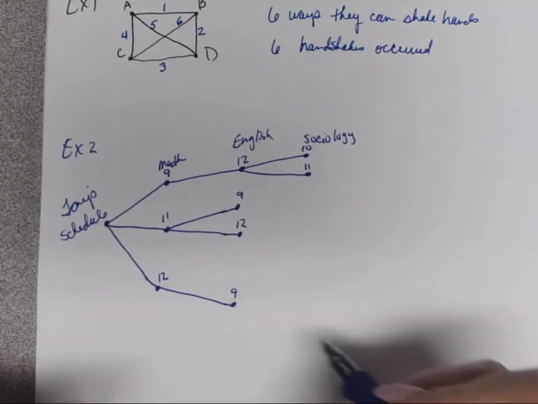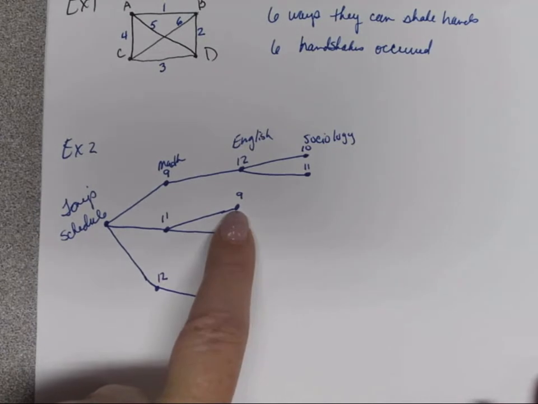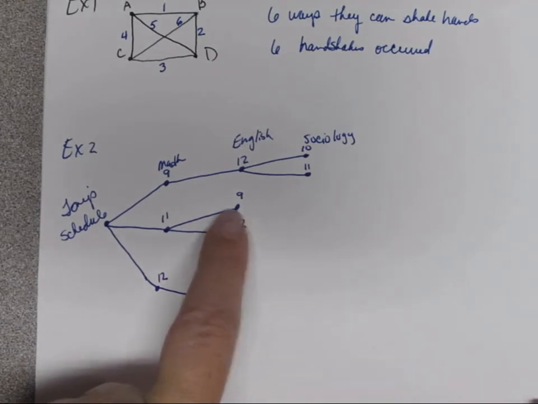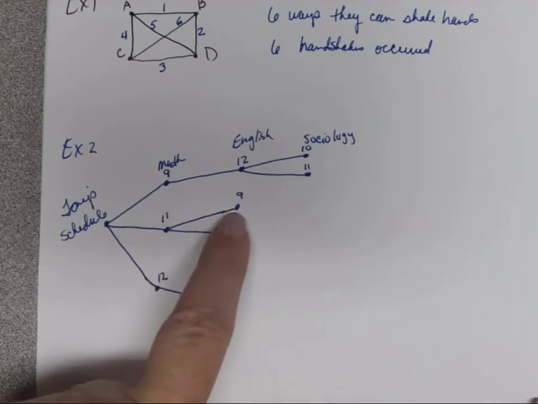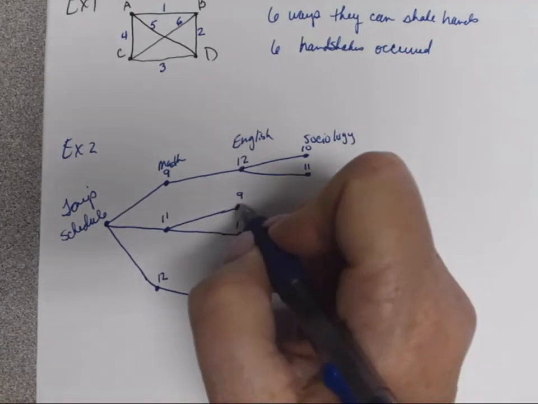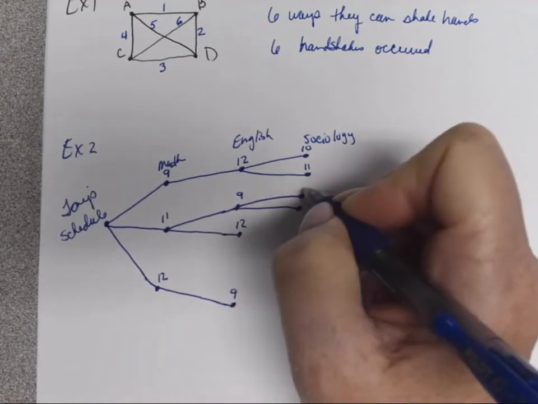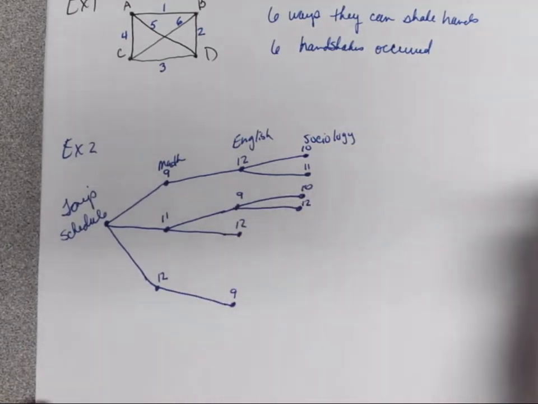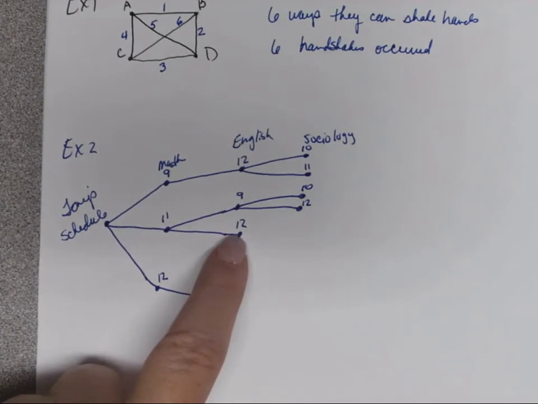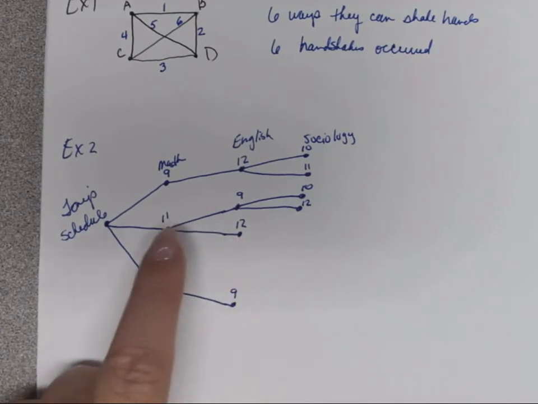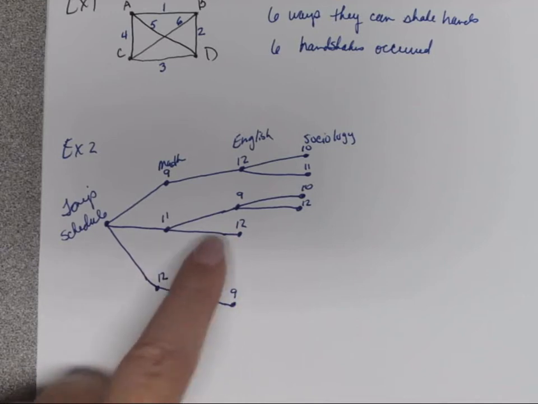Now, for this one here, remember, our choices are 10, 11, or 12. This one already has 11, so we can do 10 or 12. So 10 or 12. At this one, we can only do 10 because we already have an 11, we already have a 12.